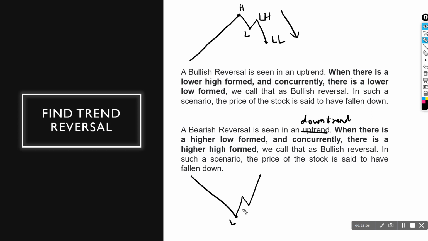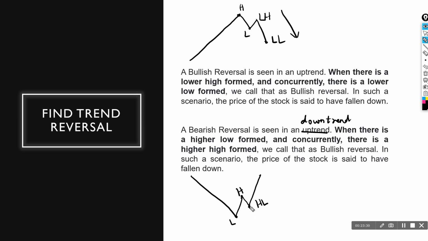Can you see here what happens is, we will say that this is a high formed here, right? Because as I said, just like in a bullish or an uptrend, your downtrend can have both green and red candles, but the market will be seen falling. And then say for example you have this point which occurs, and this is the higher low.